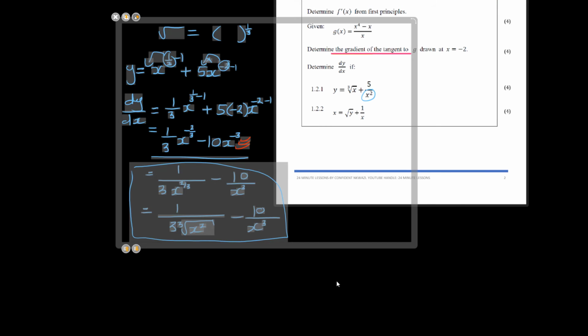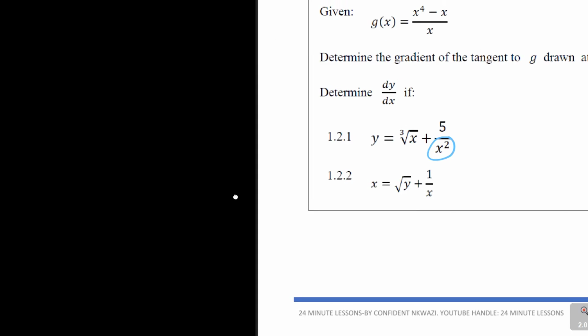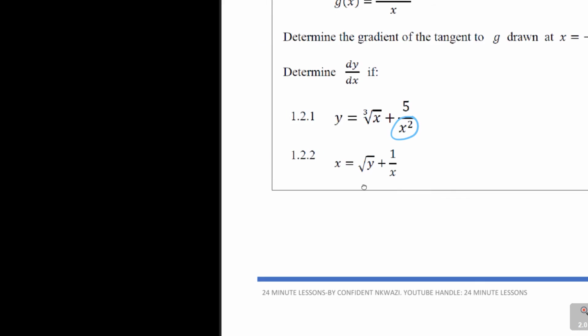Let's continue with this thing here. What do you have? The other one is this, also 4 marks. Look at this. They gave you, okay, this I like it. x is equal to square root of y plus 1 over x. This is linked to algebra. But remember, you are finding dy over dx. So y must be the subject always. You must have y is equal to.